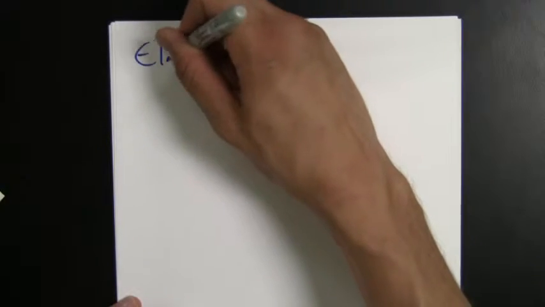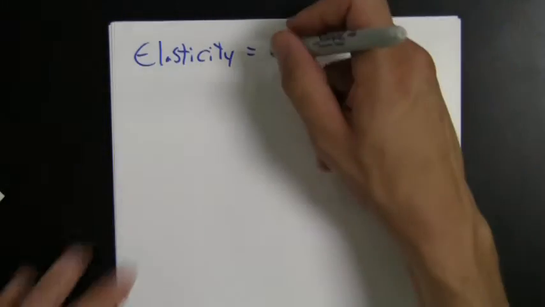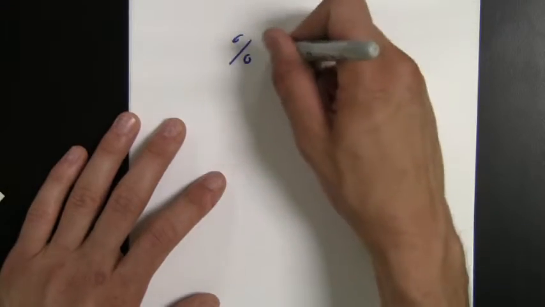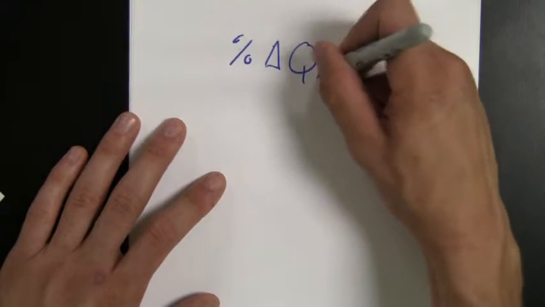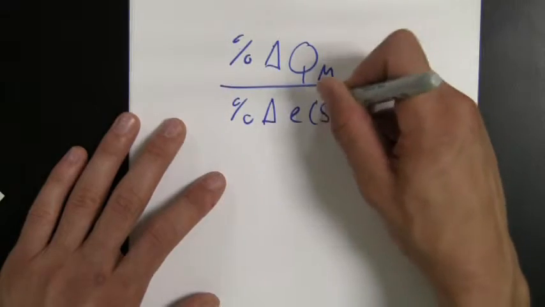to question number 16. Number 16 is an elasticity question. Recall that elasticity was a percent change in quantity divided by the percent change in price. Well, now we're going to do the percent change in the quantity of money and divide that by the percent change in the exchange rate.